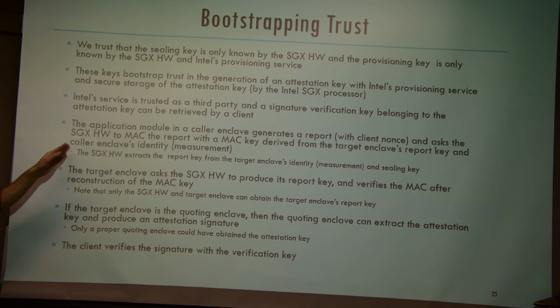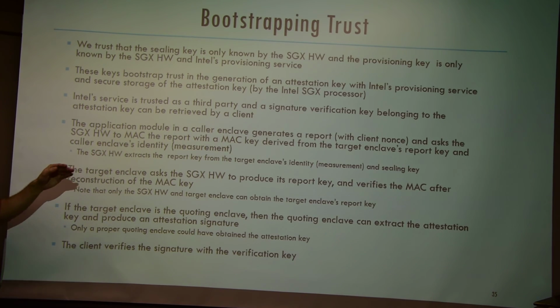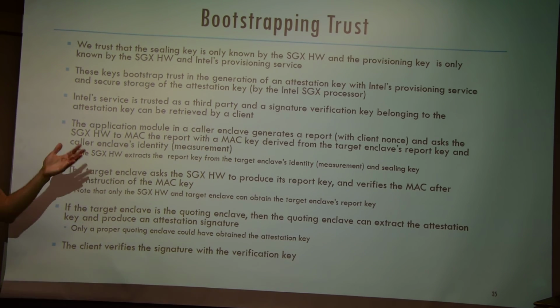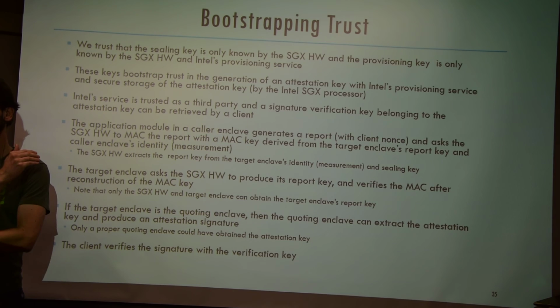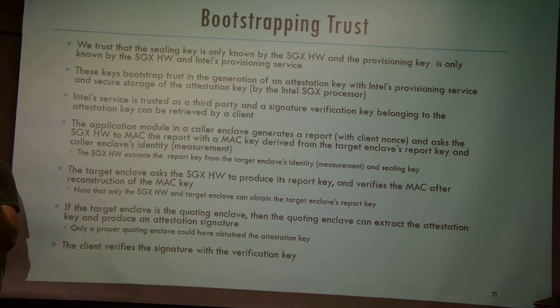And the caller enclave's identity. Now, the target enclave's report key is something that is uniquely computed from the sealing key of the processor together with the target enclave's identity.